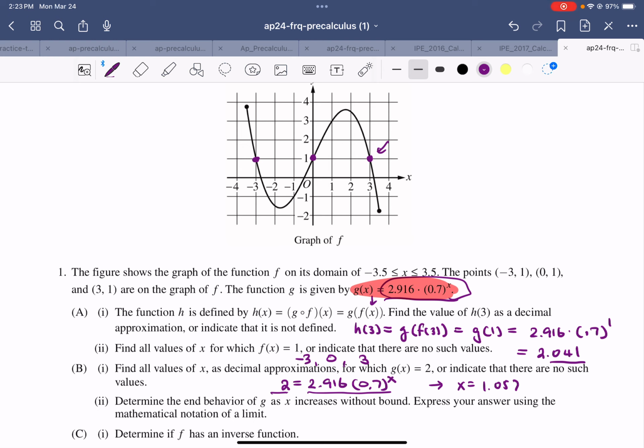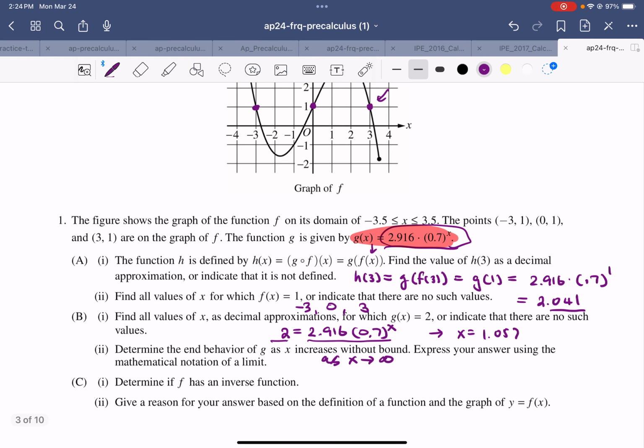Second, determine the end behavior of g as x increases without bound. That means x goes to infinity. Express your answer using mathematical limit notation. So you have to say the limit as x approaches infinity of g of x.